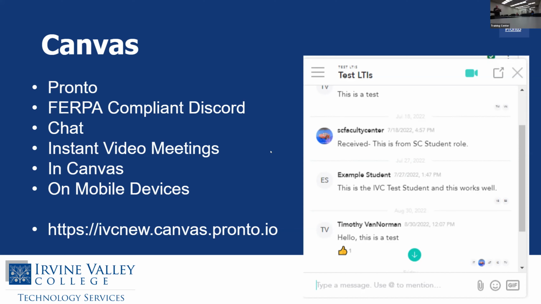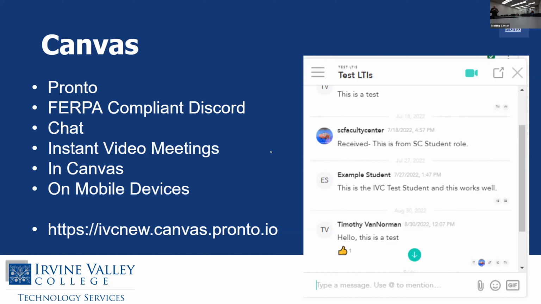It's FERPA compliant. That means that you're not going to get some weird person that's not in your class interacting with your students on this. It also means that should there be an issue and we need to look into something like cheating, there's ways we can do that.